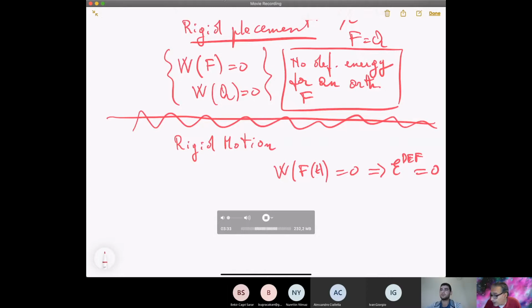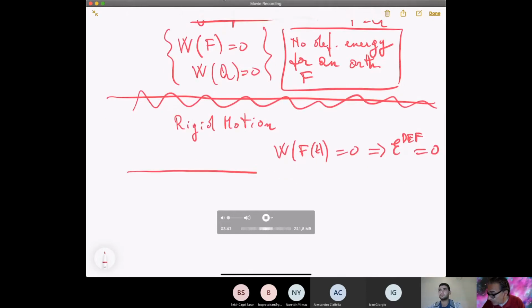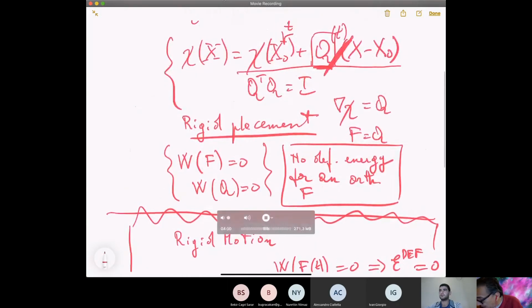And this is what we need to exploit fully in our discussion about the first variation of total energy. So in order to understand carefully how to use formulas for rigid placements, we need to give some extra details, and we will start this lecture doing this.